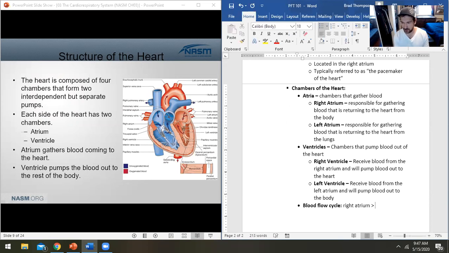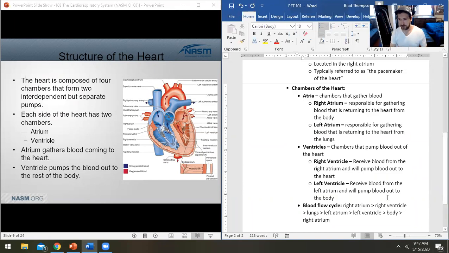Right atrium will go to right ventricle, which will then travel to the lungs. Then it will travel to left atrium, to left ventricle, to body, back to right atrium. Okay, so there's our kind of cycle.